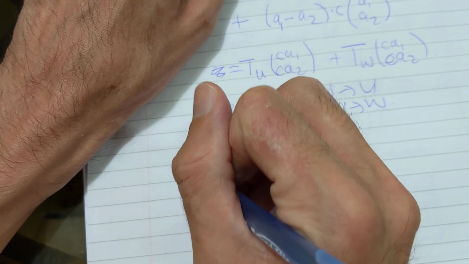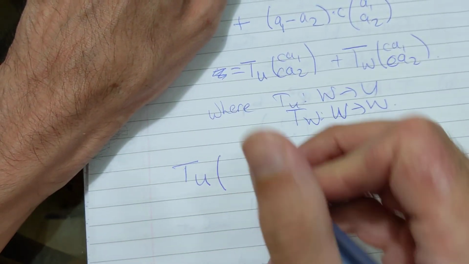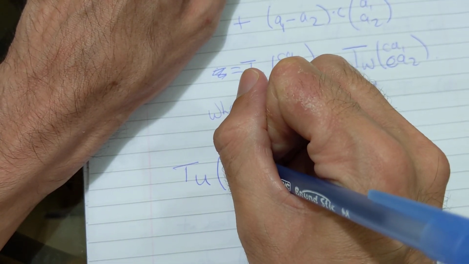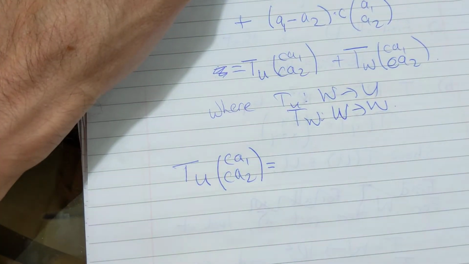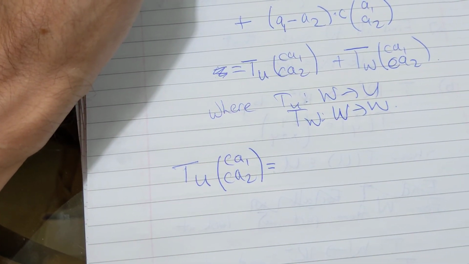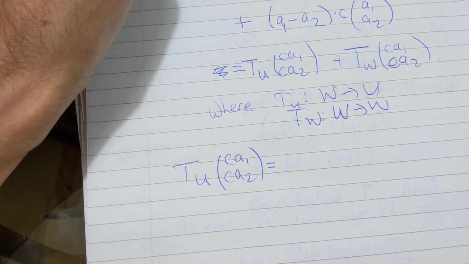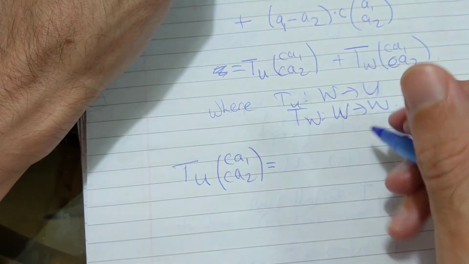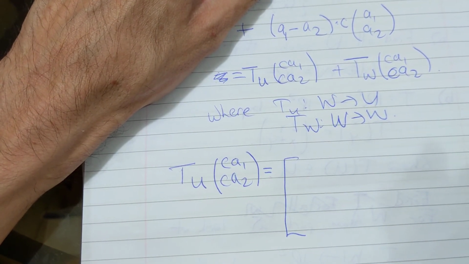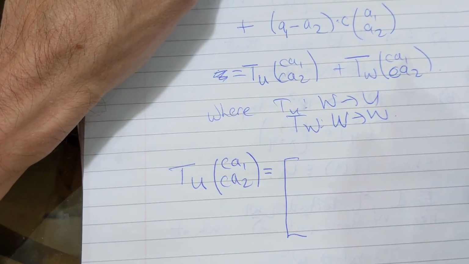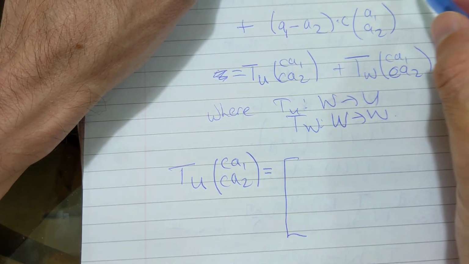So TU of (CA1, CA2), that should be both coordinates.